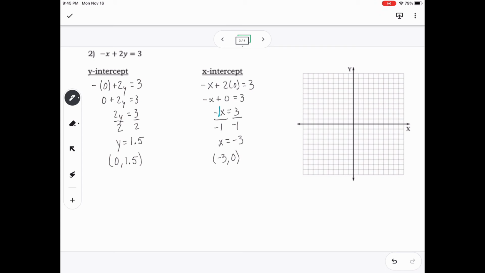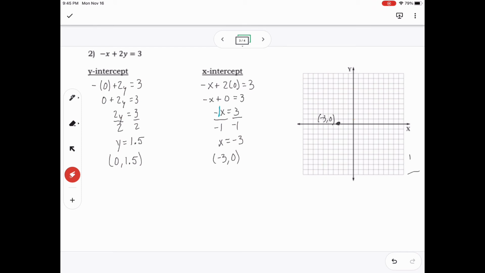Okay, so going over here, there's 1 and 2 and then 3 is my ordered pair. So negative 3, 0. Okay, and then going up 1.